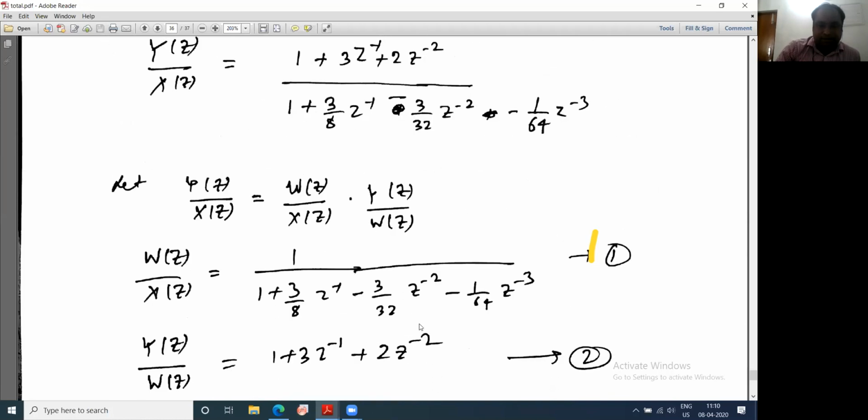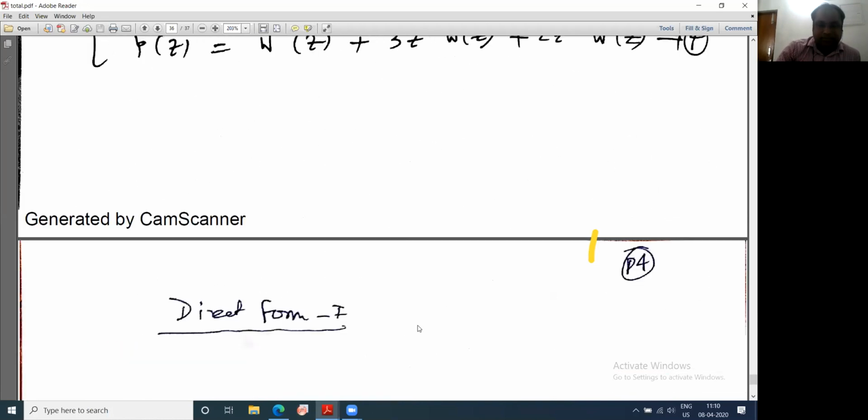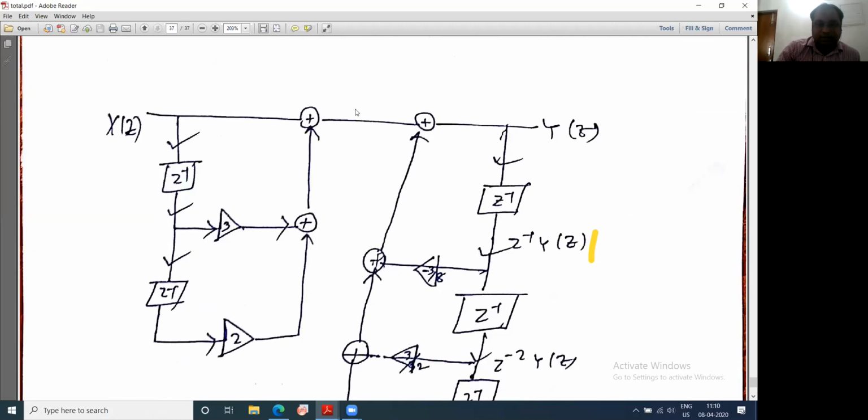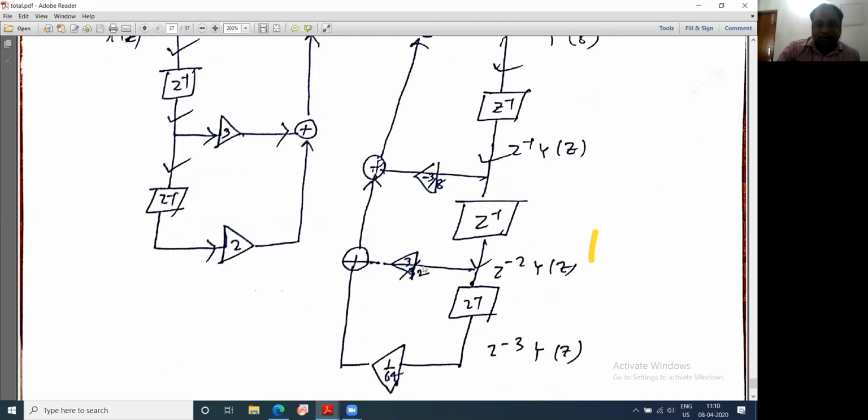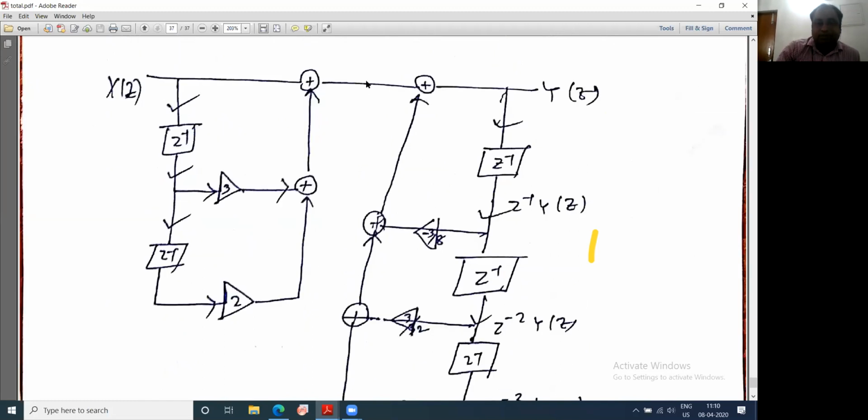So z inverse Y(z) multiplied by minus 3 by 8, z power minus 2 Y(z) multiplied by 3 by 32, and z power minus 3 Y(z) multiplied by 1 by 64 all come here and are added together. This is available on the input side, this is available here, and then the output will be available here. Agreed? Okay, or not? Direct form 1 realization.